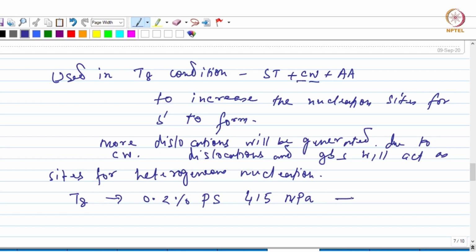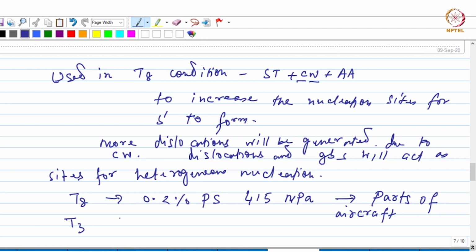And this kind of alloys in T8 condition are used for parts of aircrafts. It can also be used in T3 and T4 condition.